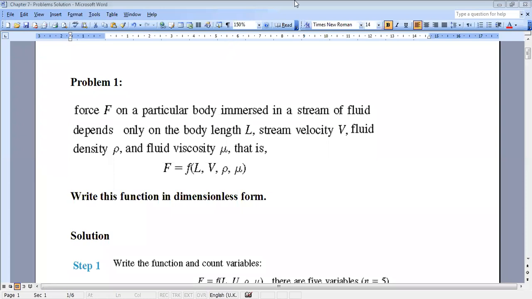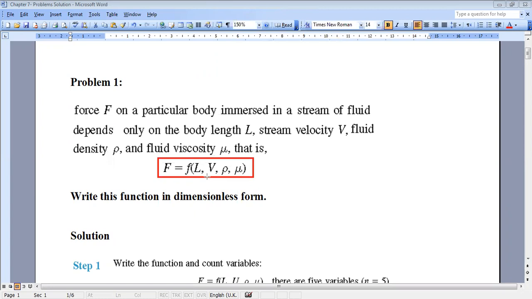So here they gave us the main parameters on which the force F depends. And we want to perform experiments. To know what we should vary in the experiment, we can do a dimensional analysis to determine what are the groups to work on.